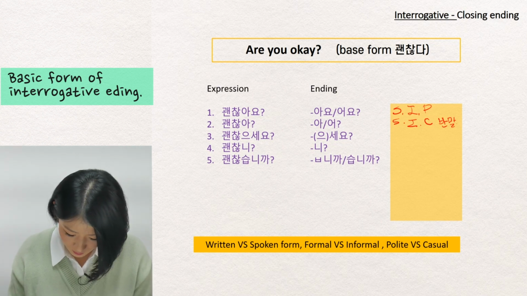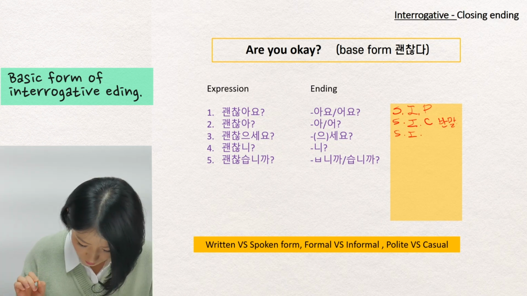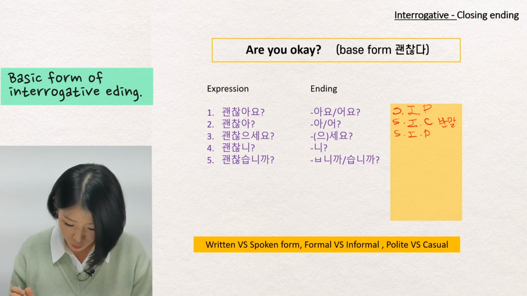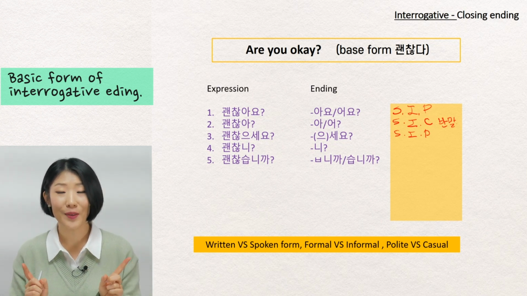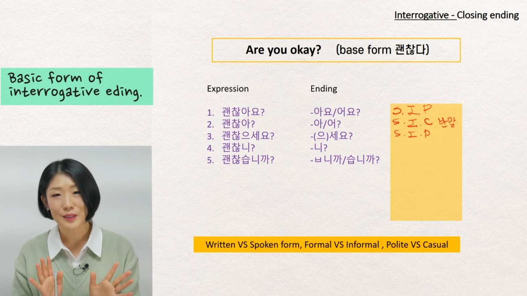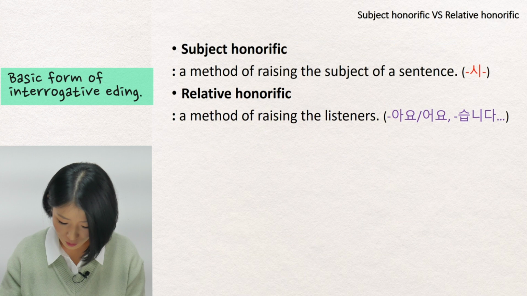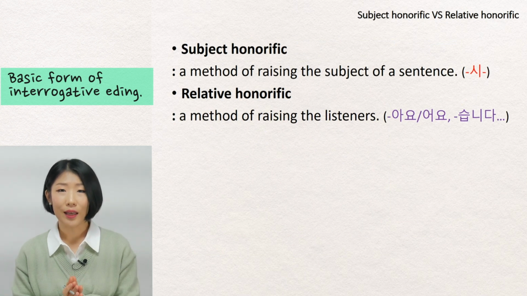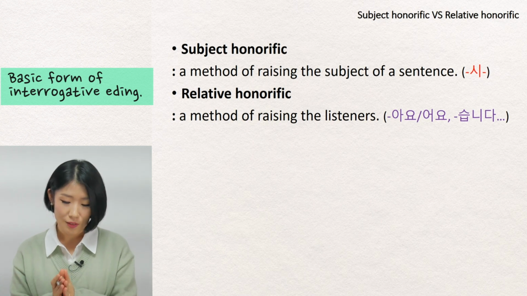The next one is 괜찮으세요? Spoken language and informal, the same, and also polite. Oh, then it looks like the same as 괜찮아요? 괜찮으세요? Then do you remember what the differences are between 괜찮아요 and 괜찮으세요? We actually learned what is subject honorific and what is relative honorifics.